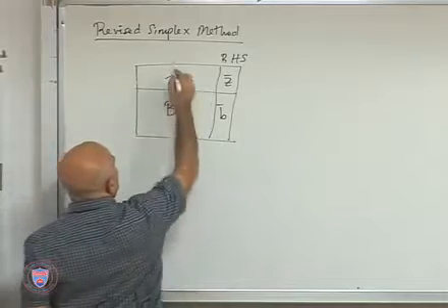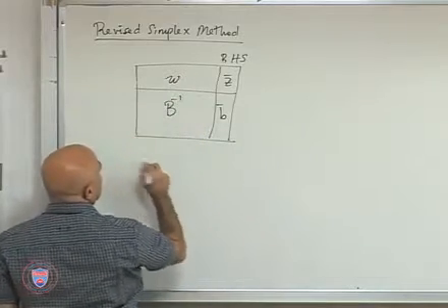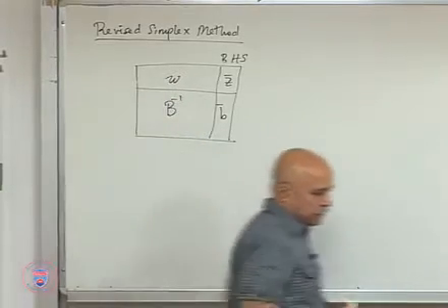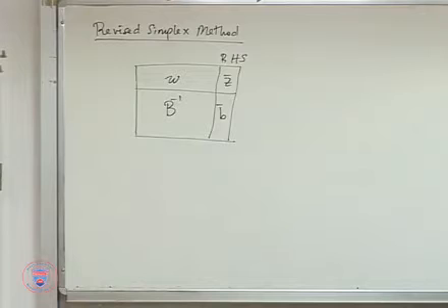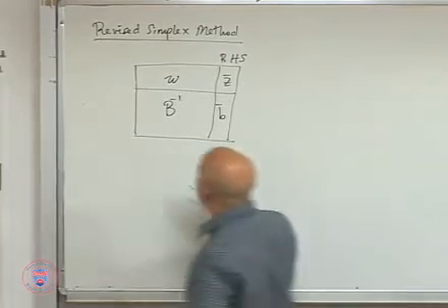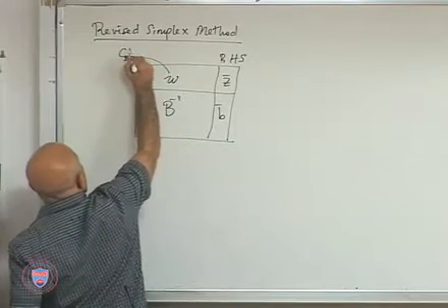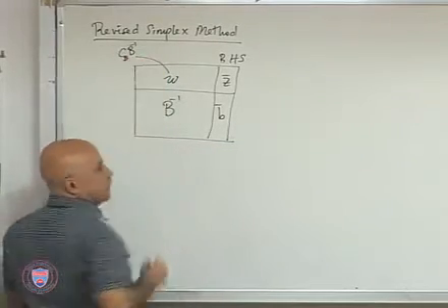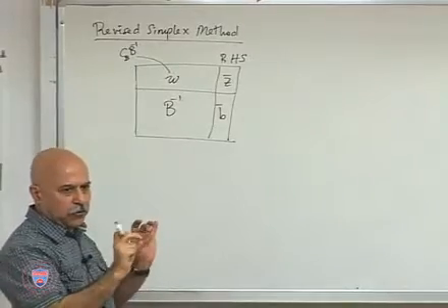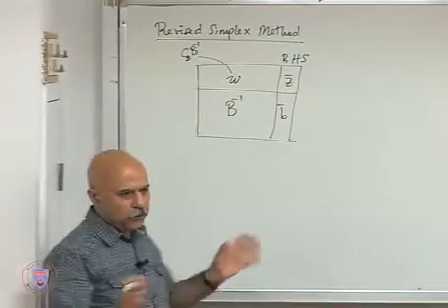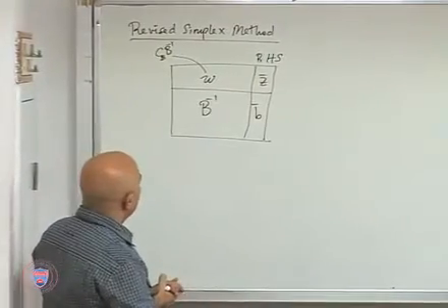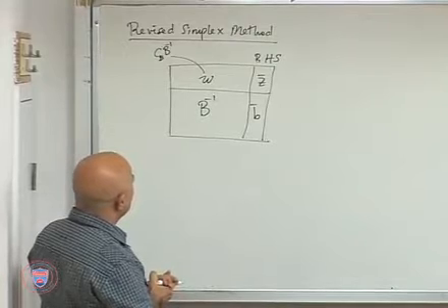This is the information we carry. The W vector is the so-called CB B inverse. Okay? It's a row vector, because CB is a row vector and B inverse is a matrix. So you've got this information.